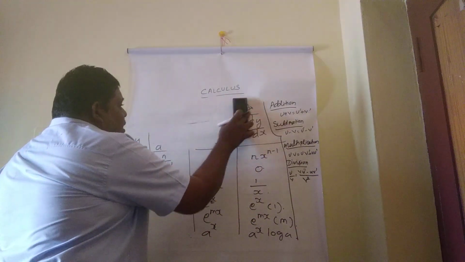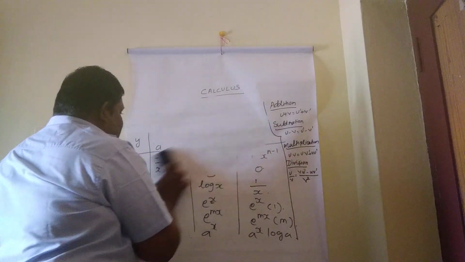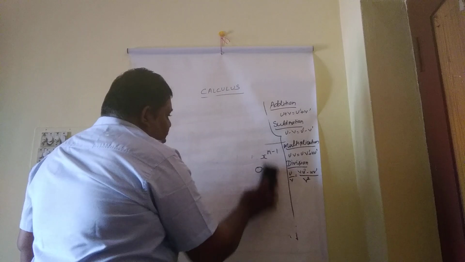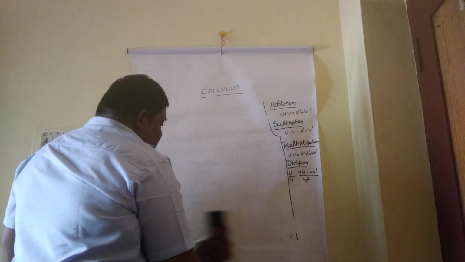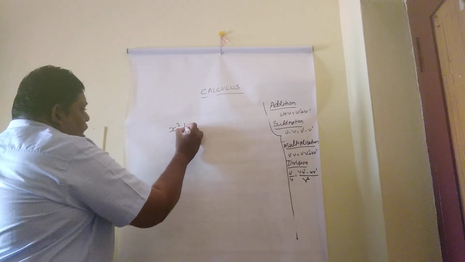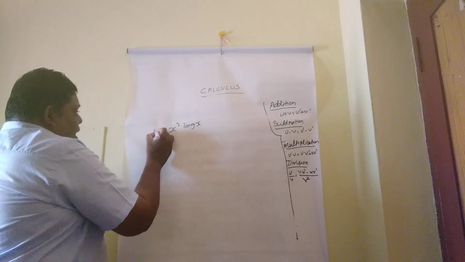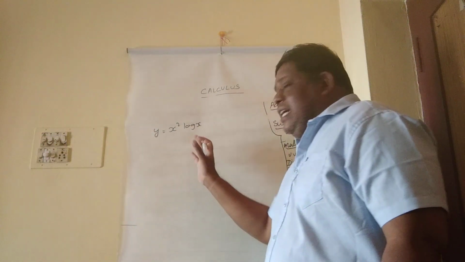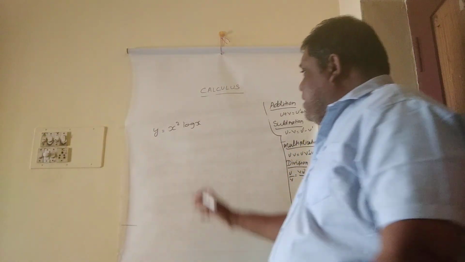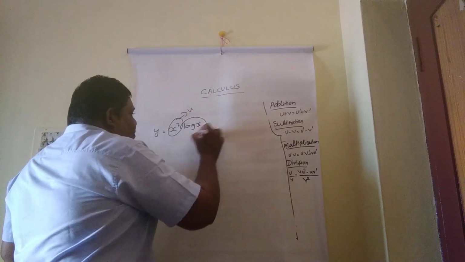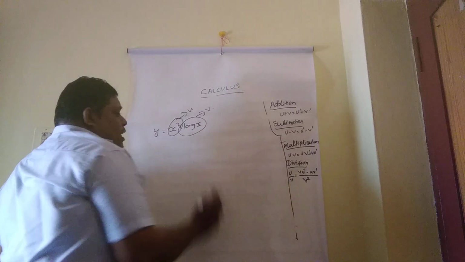For example, multiplication function: y is equal to x squared log x. Find dy by dx. Now the first variable is u and the second variable is v.